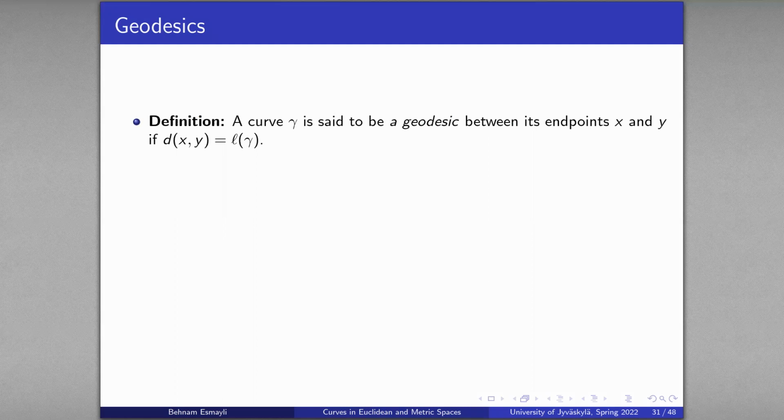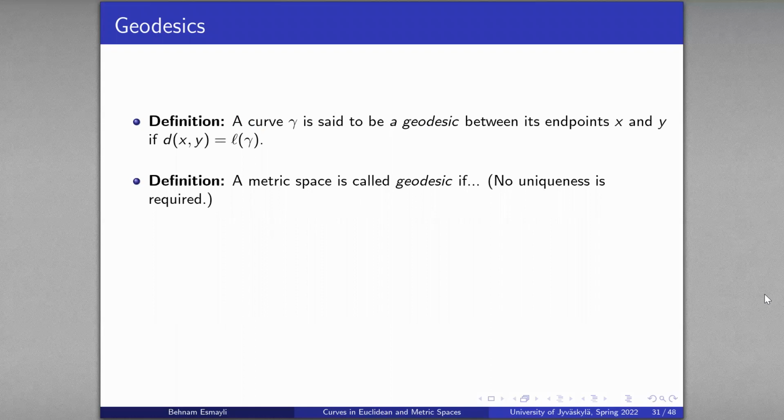So to be precise, a geodesic is a curve such that the distance of its endpoints equals the length of that curve. Remember that we always had length bigger than the distance of its endpoints, by definition of the variation or length of a curve by taking the 2-point partition. So this was always true, and when equality happens, we call that curve a geodesic, a shortest curve.